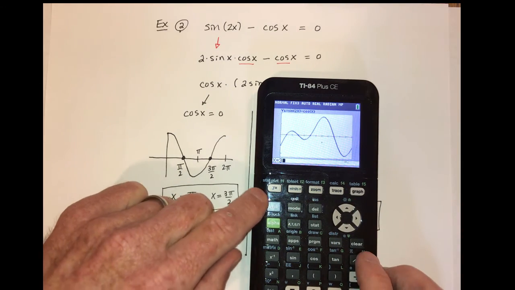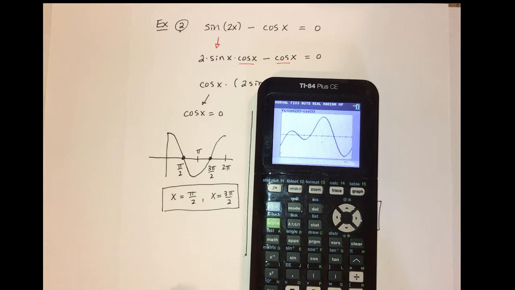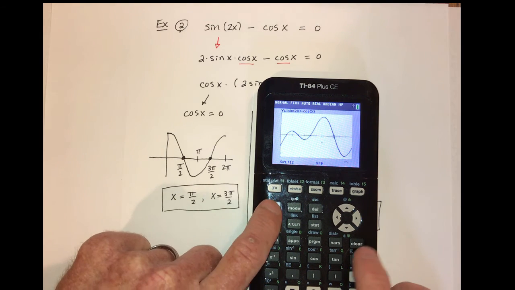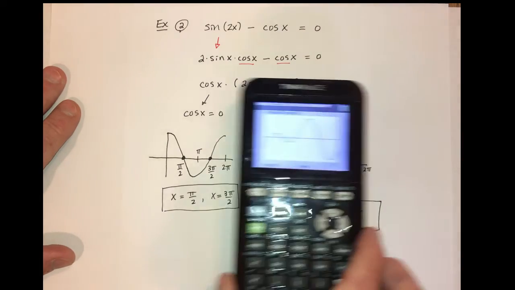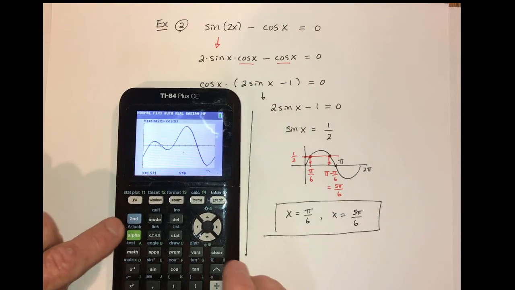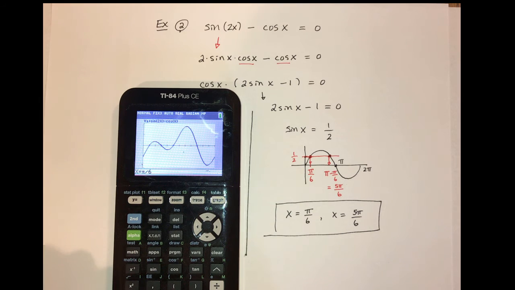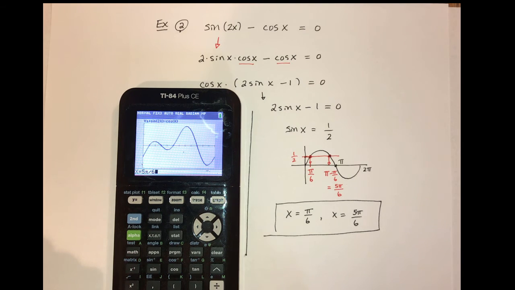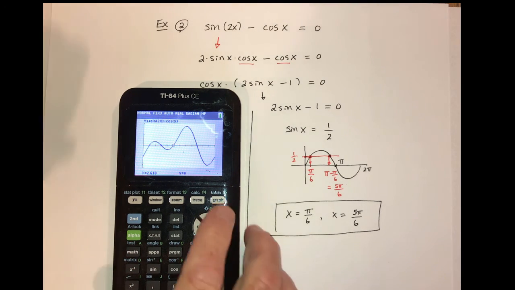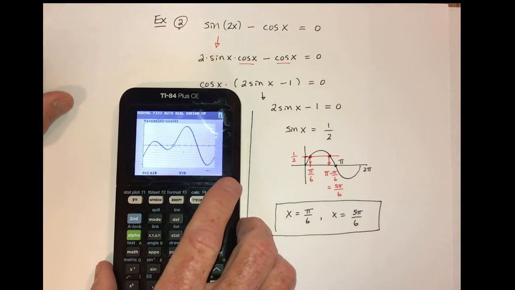Trace 3 pi divided by 2, that one's correct. Pi divided by 2, that one's correct. Pi divided by 6, perfect. And 5 pi divided by 6, excellent. So all 4 of them are correct. Keep all 4 of them.